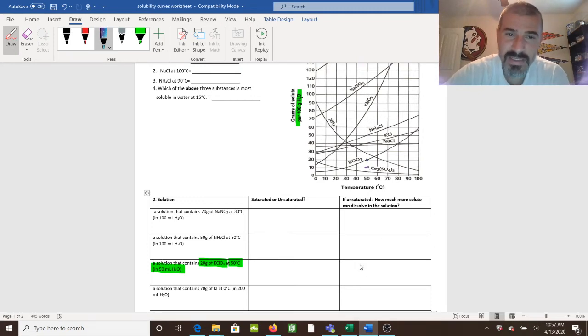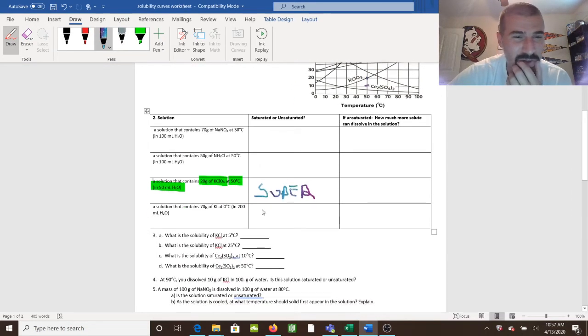That makes this super saturated. I know that's not one of the options, but you should be able to figure that out. It's super. I'm really good at this. This is probably one of my favorite things to do right here. Super.